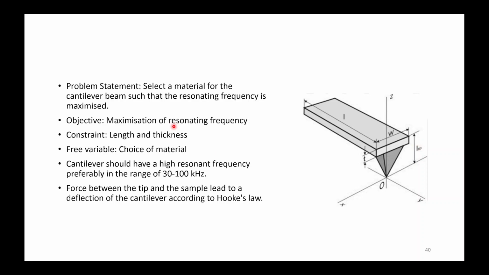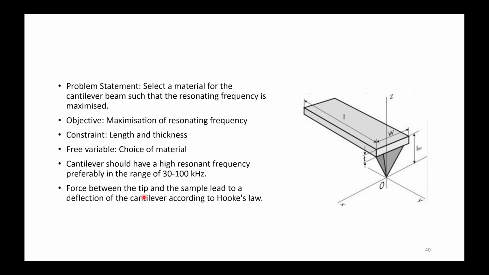Now our objective is maximization of resonating frequency. The constants are that the length is fixed and the thickness is fixed. The free variable is that we can choose the material. And the cantilever should have a high resonant frequency, preferably in the range of 30 to 100 kilohertz.